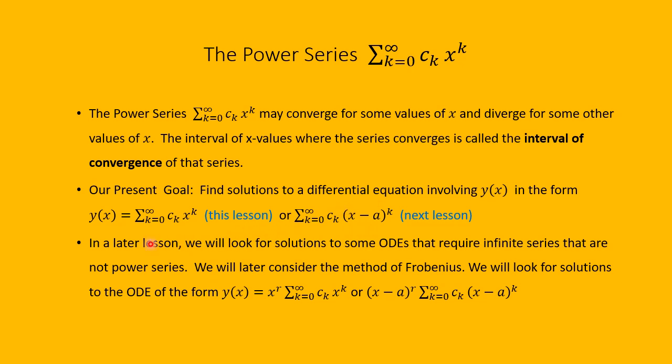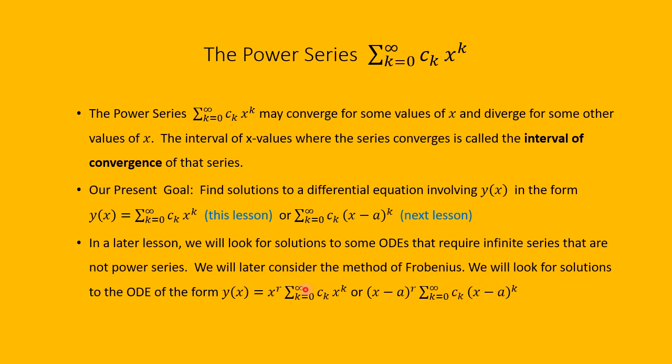In a much later lesson, we will look for solutions of some ordinary differential equations that involve infinite series that are not quite power series. We'll be looking at what's called the method of Frobenius. And what we'll look for is solutions of the form y equals x to some number r times a power series, or y equals x minus a raised to the r times a power series.